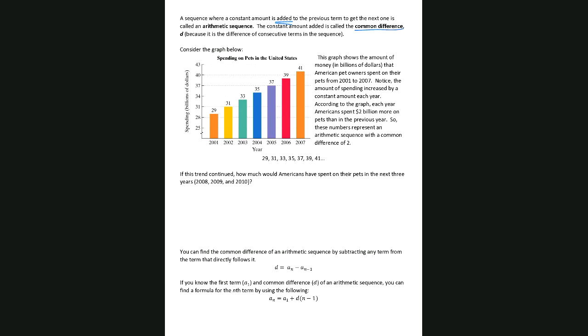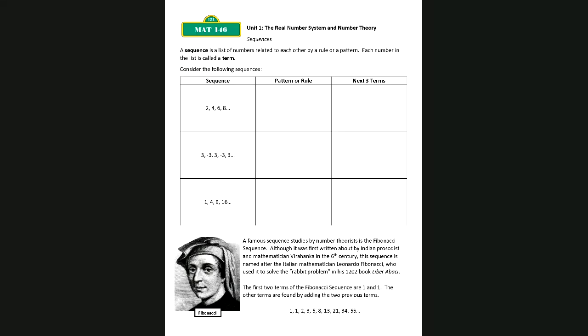So in our first example, remember we said that if I take 2 and add 2 to it, I get 4. If I take 4 and add 2 to it, I get 6. This is an arithmetic sequence, because I add a constant amount to the previous number to get the next number.